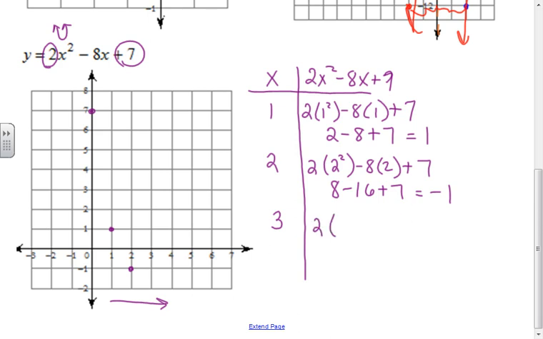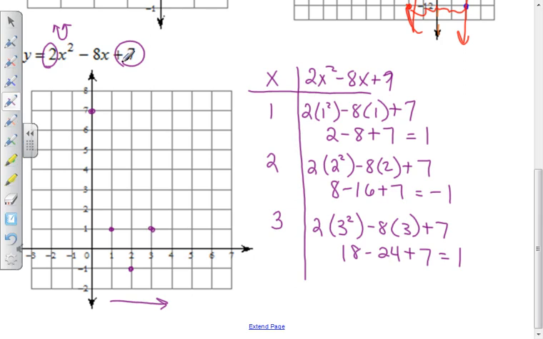So I have to do another value. 2 times 3 squared minus 8 times 3 plus 7. 3 squared is 9. 9 times 2 is 18 minus 24 plus 7. And I get positive 1. And now I see that I have a line of symmetry coming right here, which means if I cheat, I have another point right there, and I can draw my parabola in right like that.